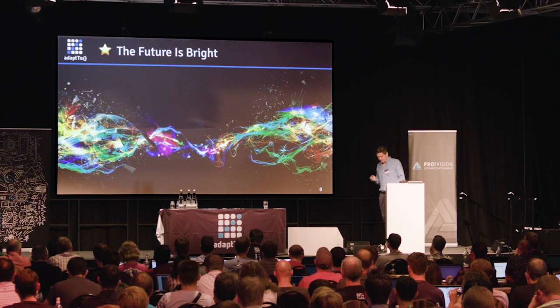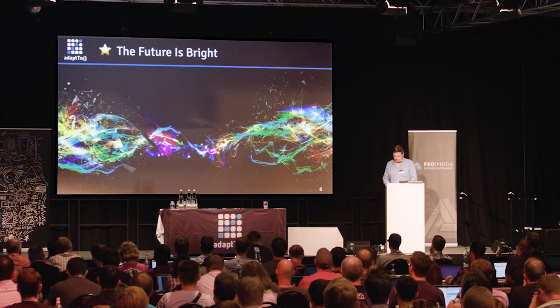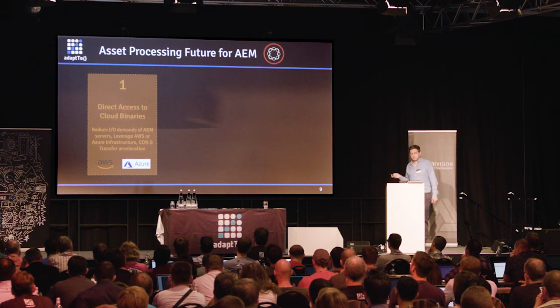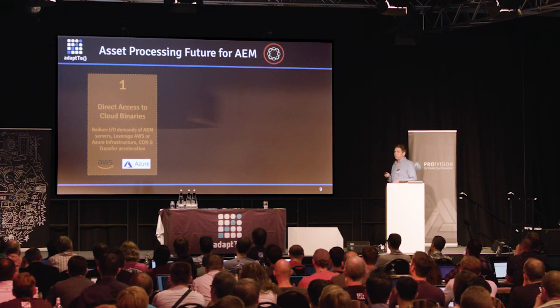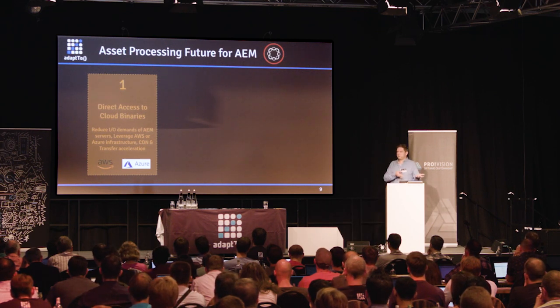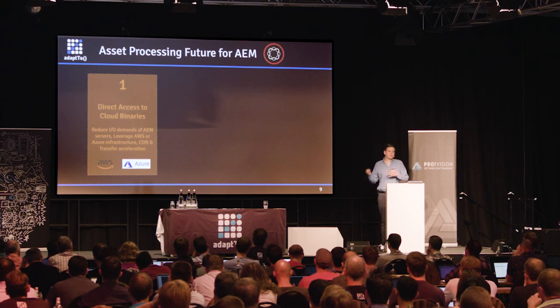So now I'm going to tell you what we are planning to do. And it's a little bit of a revolution, I would say, in that area. So I mentioned these three constraints, and so they're kind of three pillars that we're trying to tackle. So the first one is we're going to change the binary access to go directly to whatever the cloud storage is, S3 or Azure Blob Store, the ones we offer today.